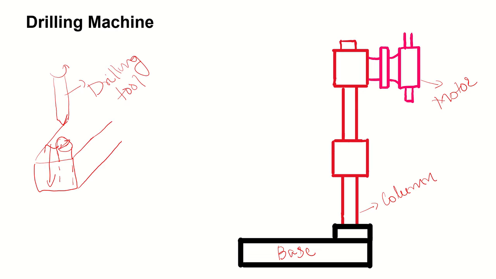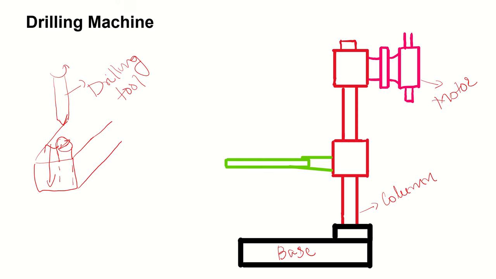But when the motor is giving a drive, it will rotate at a single speed, right? So to rotate the drill tool at different speeds, a step pulley is arranged that we will discuss later.